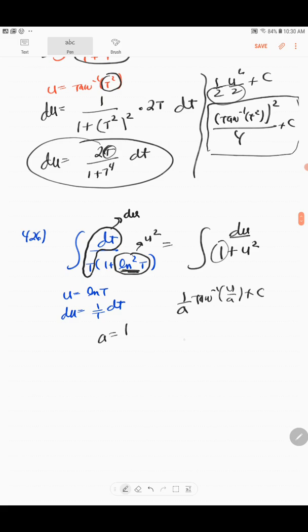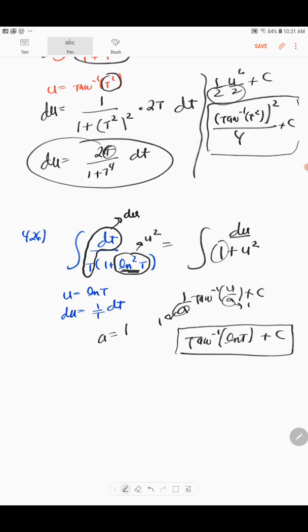So this is just 1 over 1, or 1, times the inverse tangent of u, which by the way is the ln of t. And that should be what we want for the answer to that one. Let me double check here, see if that looks like what I had previously for the answer. Yeah, it's the inverse tangent of the ln of t plus a constant. And we got all three of them.